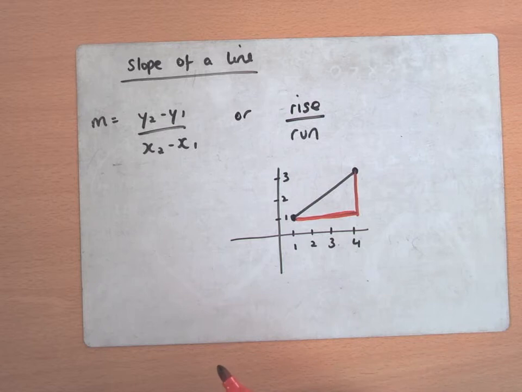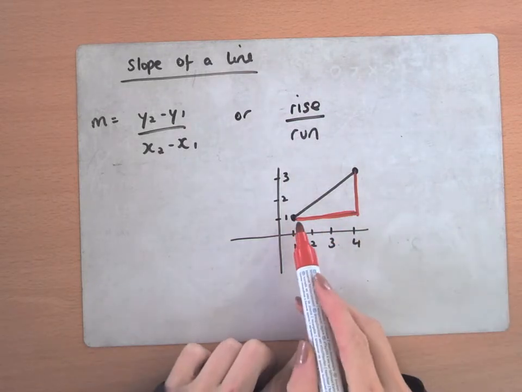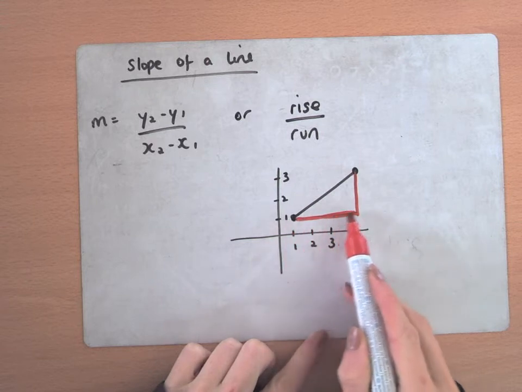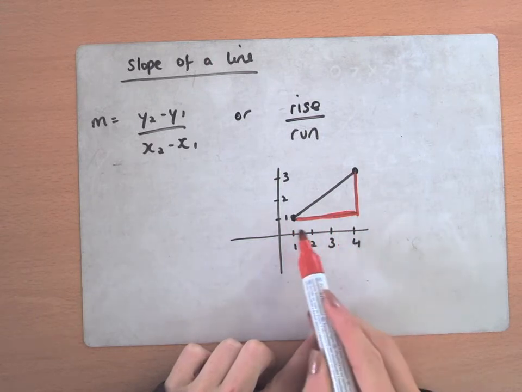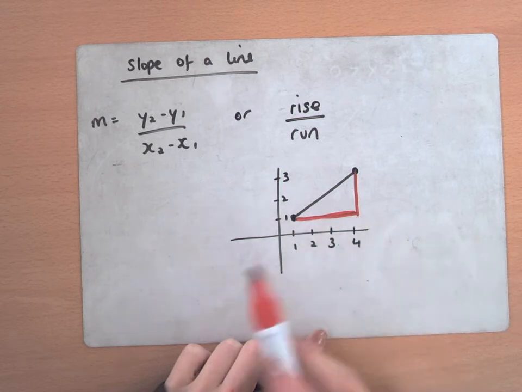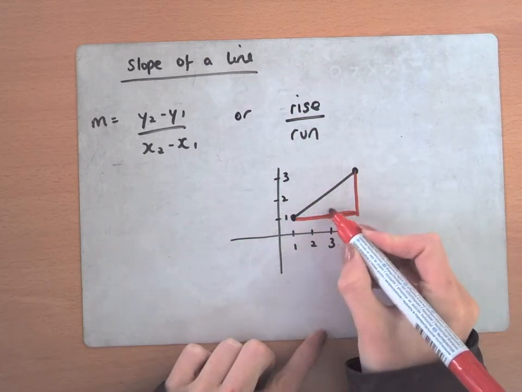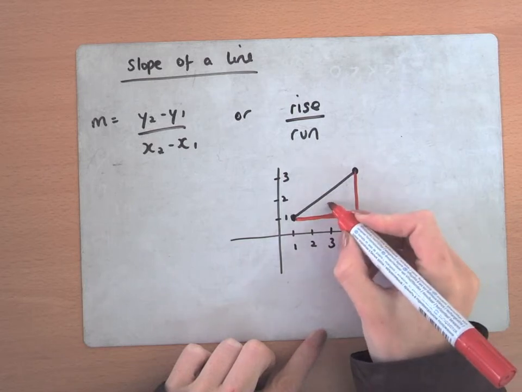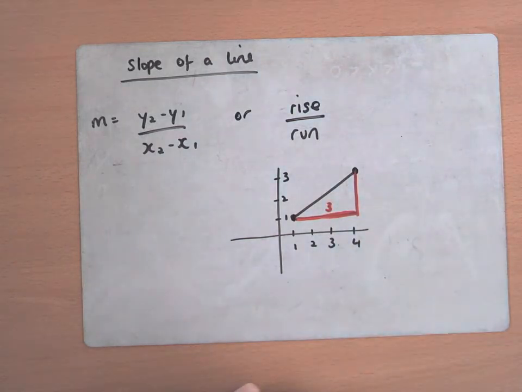Now, my run goes from here, 1, to here, 4. So what's the run? Count over. 3. 1, 2, 3. And what's my rise?